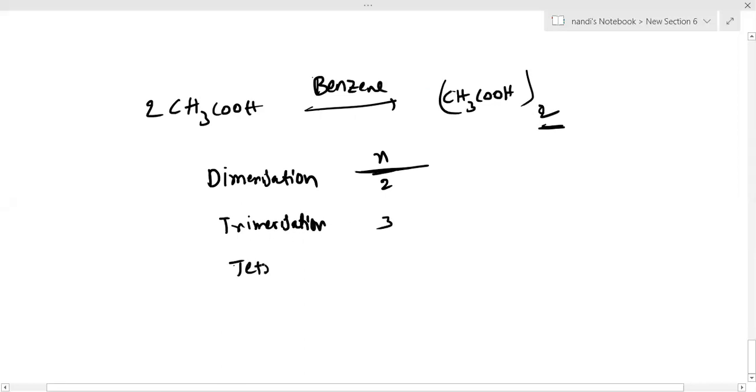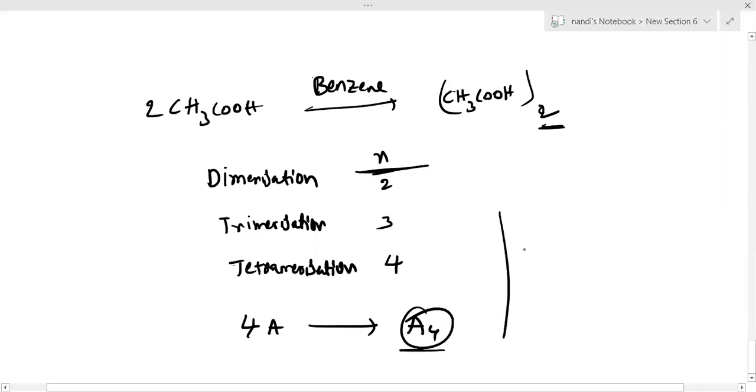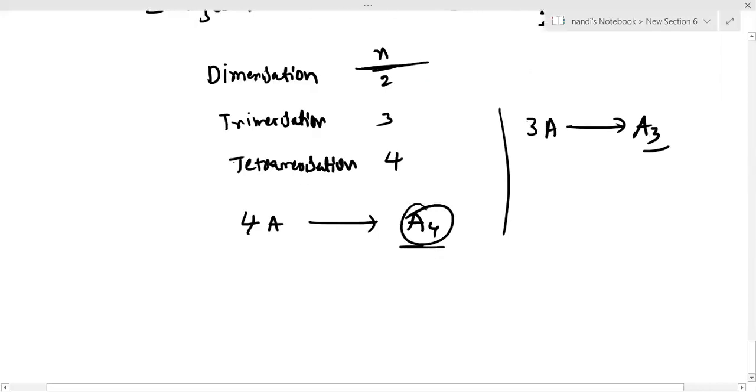Tetramerization, how many molecules? Tetra means 4, so 4 molecules are formed together. For example, 4 atoms of A become A4. This is tetramerization. Trimerization means 3 molecules of A are converted into A3.